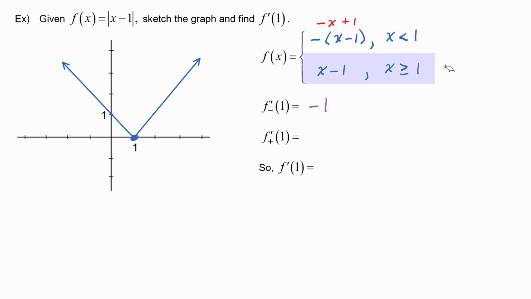This bottom piece is the part coming in from the right at 1, and that derivative would be positive 1. So because the derivative from the left at 1 does not equal the derivative from the right at 1, therefore we have to say that f prime of 1 does not exist.